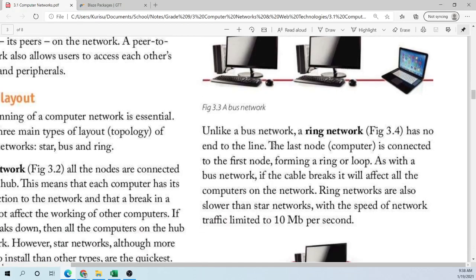Alright, the next paragraph, we're going to be looking at what is the ring network. Let's see, Murano. Okay. So I'm just going to read that.